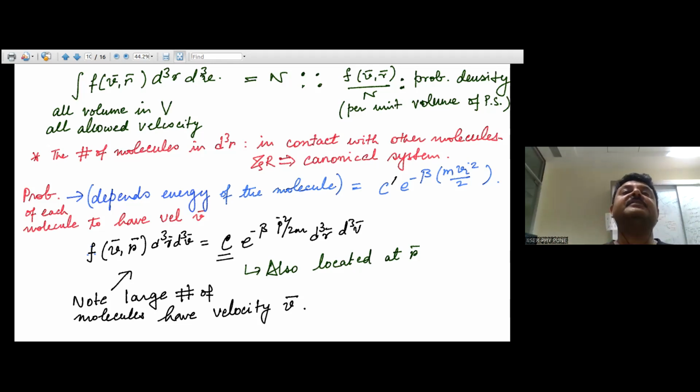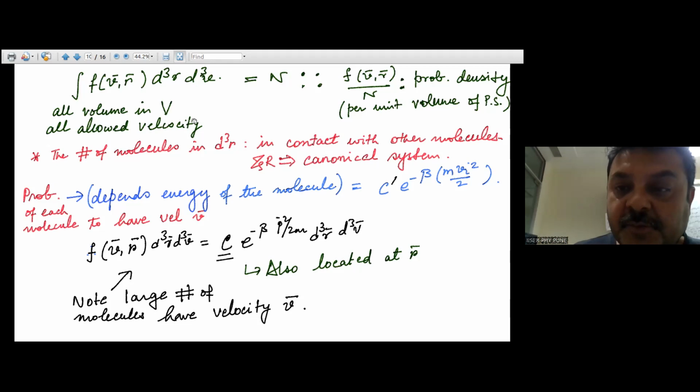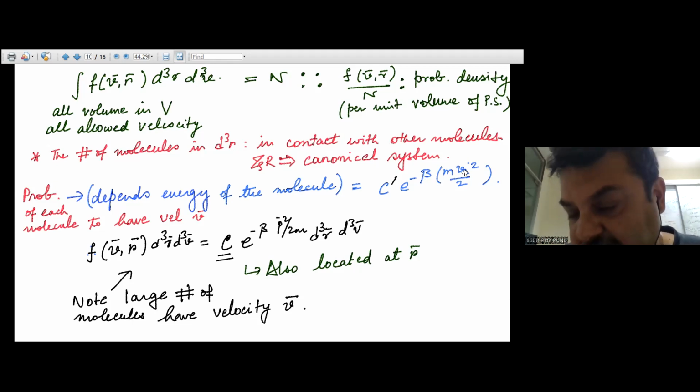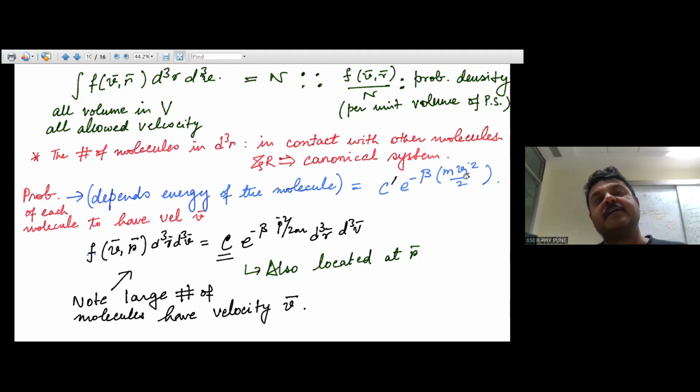That it will have a particular velocity vi vector will be proportional to e to the power minus beta, and corresponding to that particular velocity vector vi, there will be a certain value of the kinetic energy.